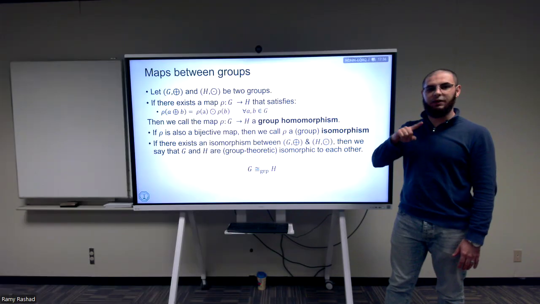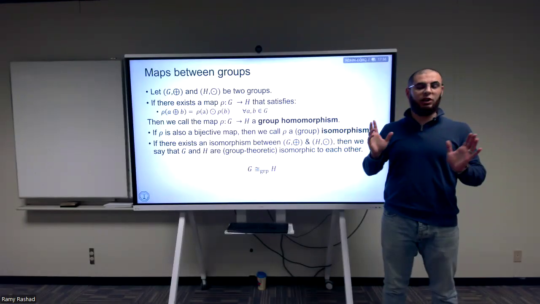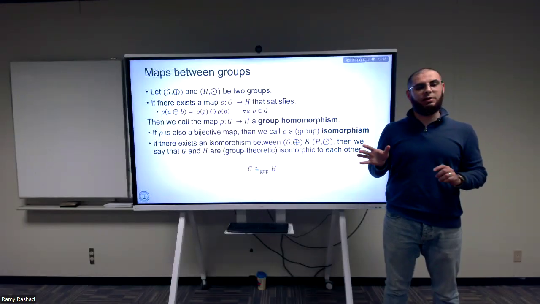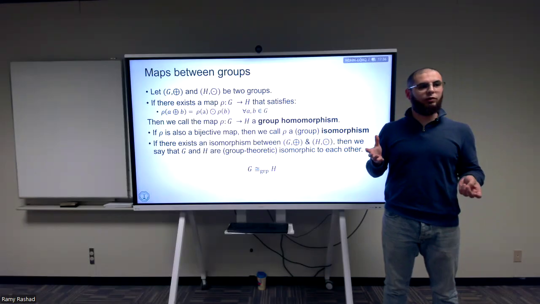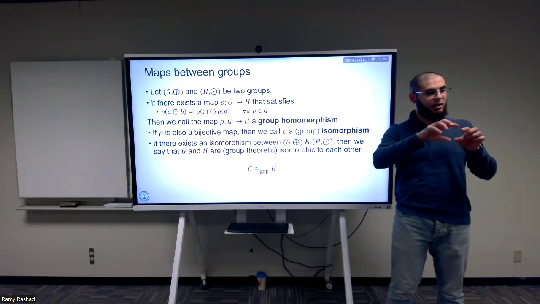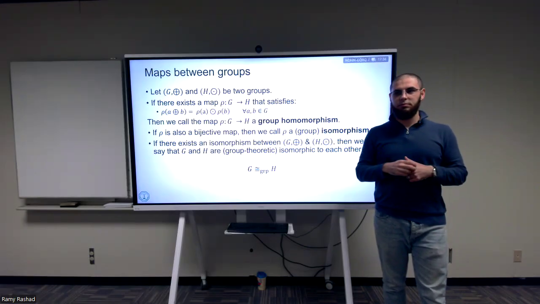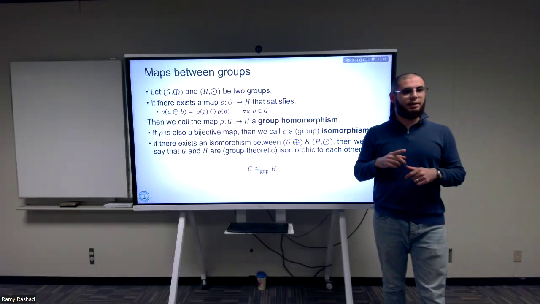If there exists a bijective map between sets, we did not say the word equivalent, because equivalent means something else. What was the word we used? Congruent, yes, that's correct, and that's actually the name of the symbol itself. And we said that they are isomorphic to each other. Yes, exactly.